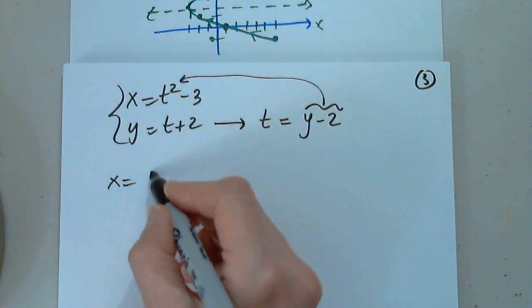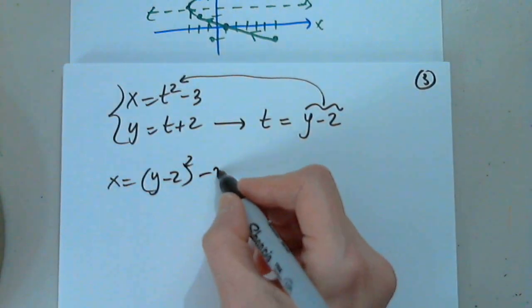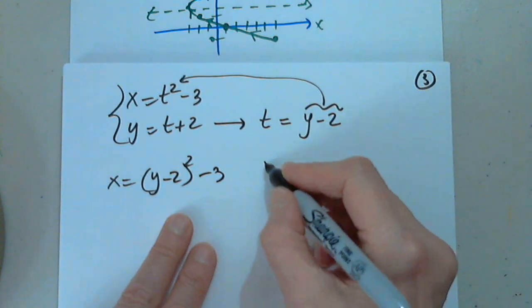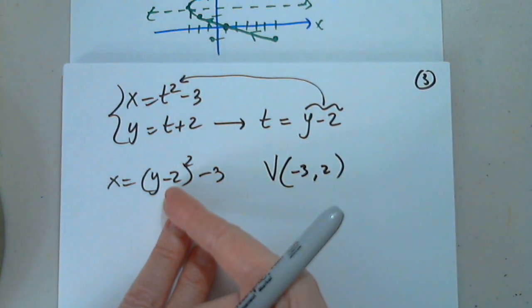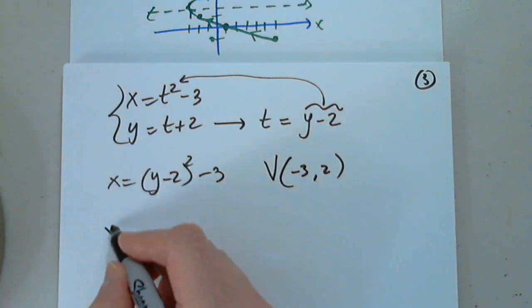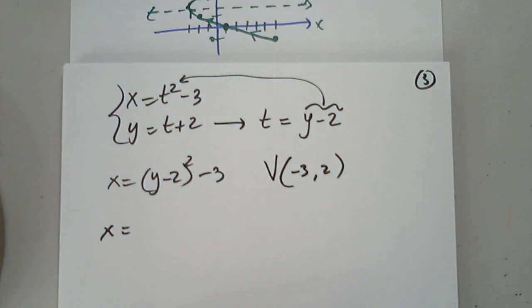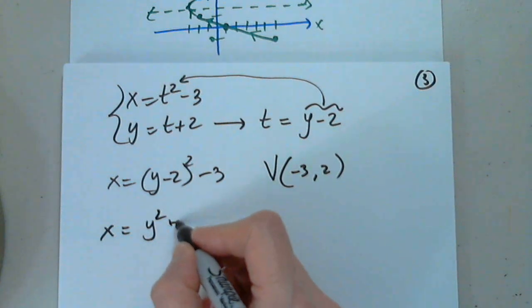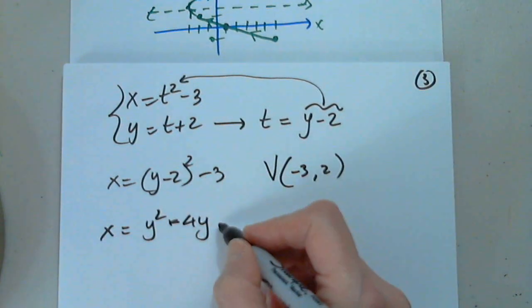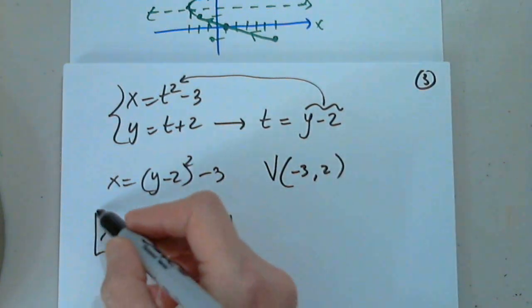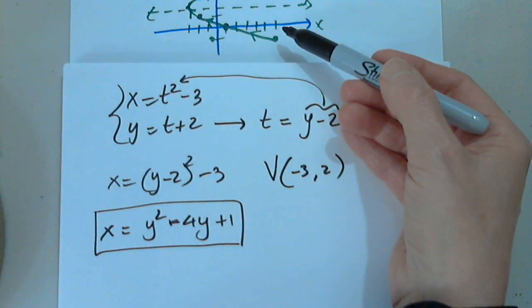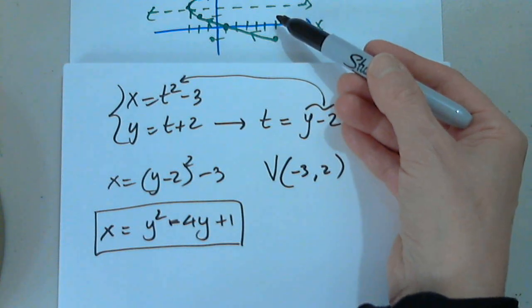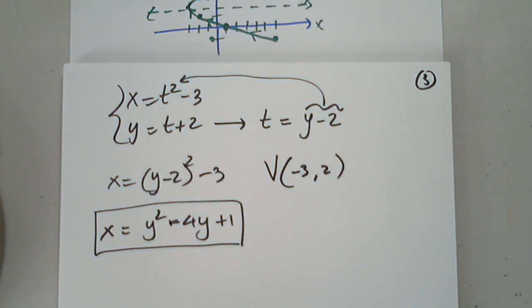So then x equals y minus 2 squared minus 3. Clearly, this is the vertex at negative 3, 2. Yes, we can expand, and let's do that. We have y squared minus 4y plus 4 minus 3, which is 1. This is the equation of the parabola, or conic section, that we see in the graph. Good.